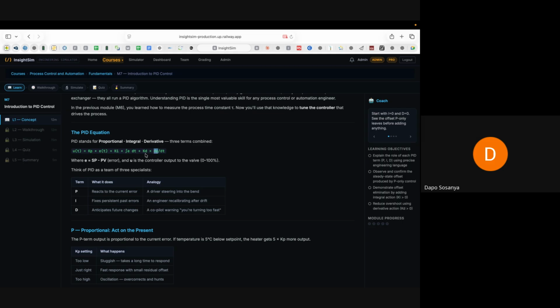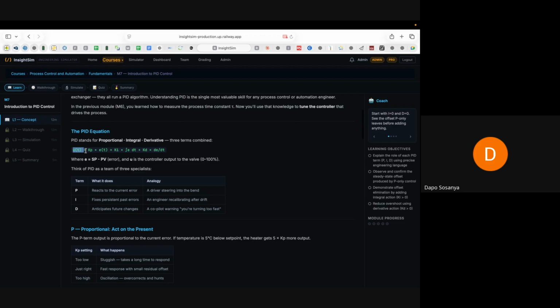For Kd, in practice, we use PV, and there is a reason for that. So instead of differentiating error with respect to time, we differentiate the process variable with respect to time. That's because of the role of Kd, and we'll see that as we proceed. But this is the general formula.